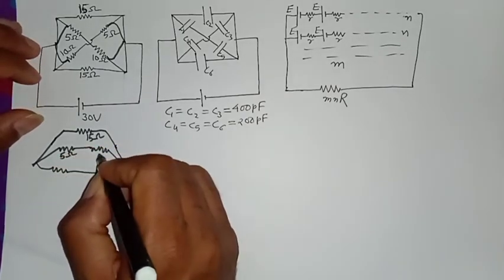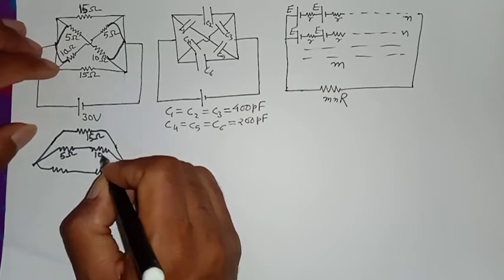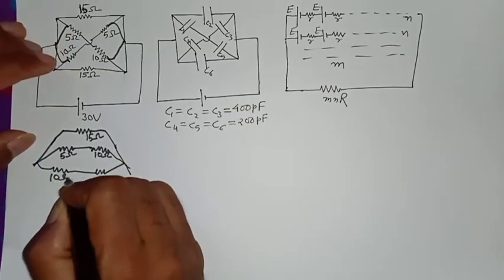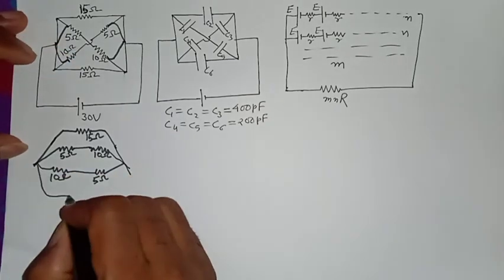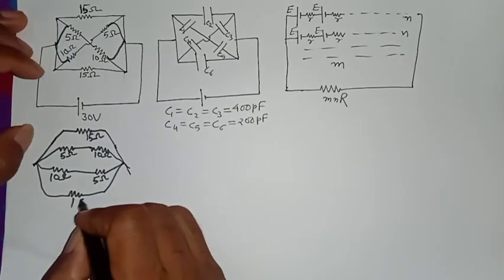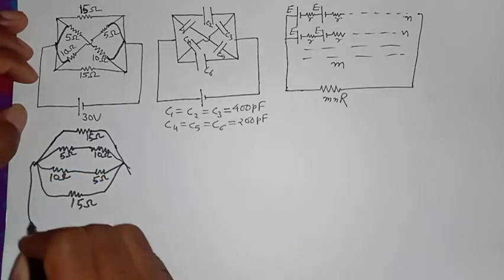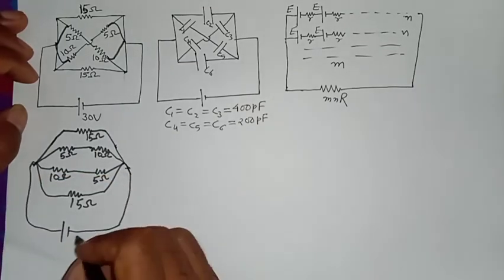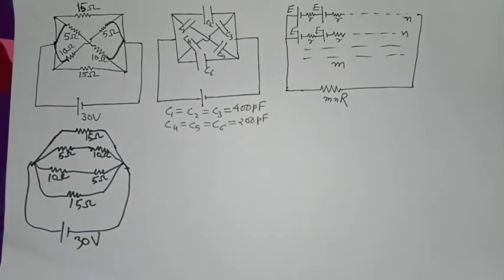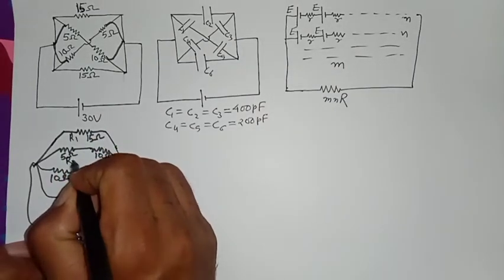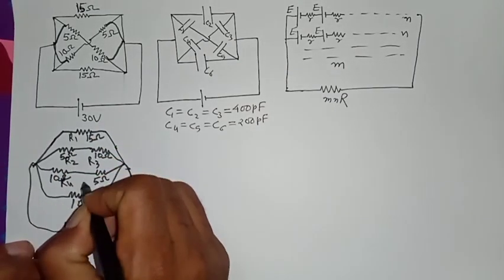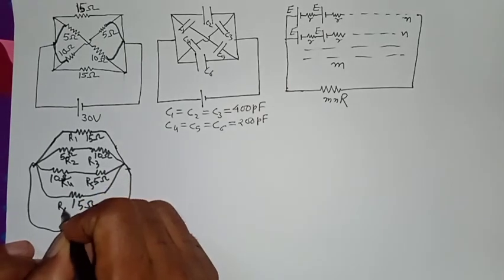This is 5 ohm, this is 10 ohm now, this is 10 ohm, here it is 5 ohm now, and it is 15 ohm. All right, so we can mark it R1, R2, R3, R4, R5, R6.